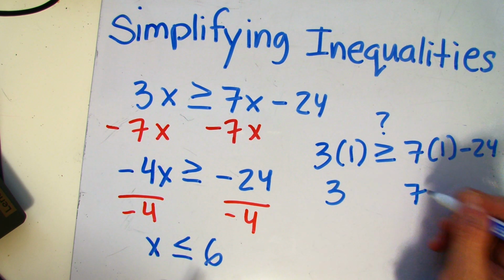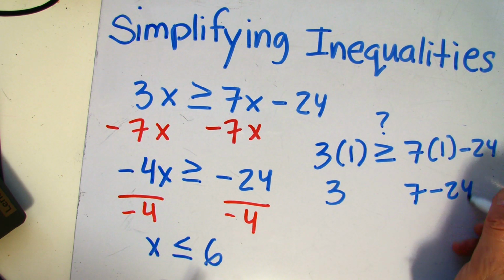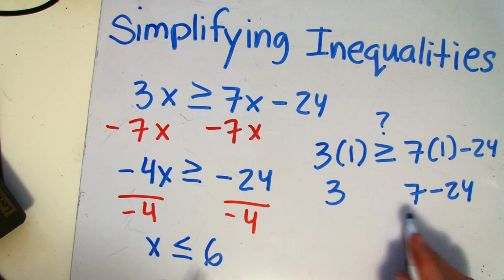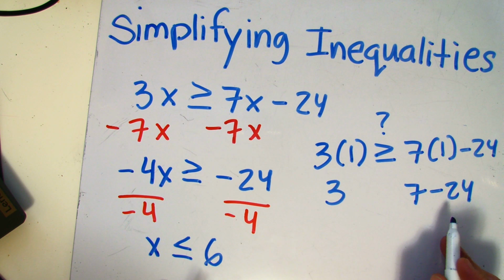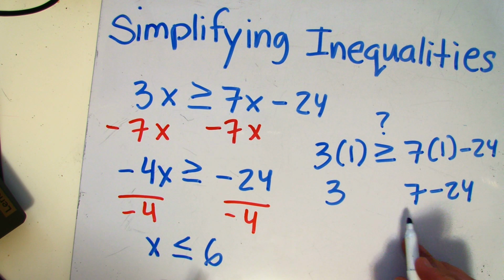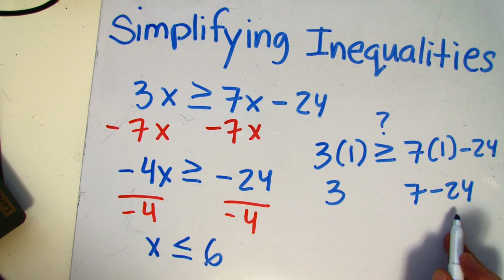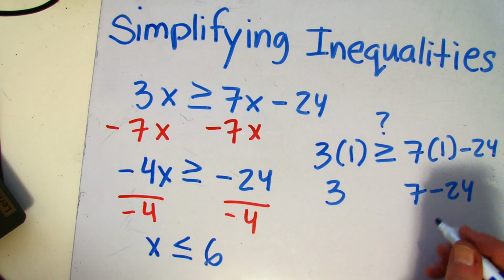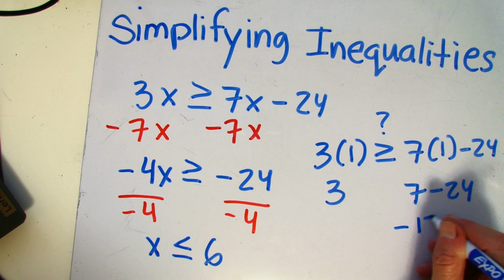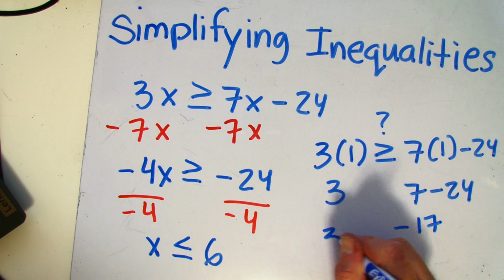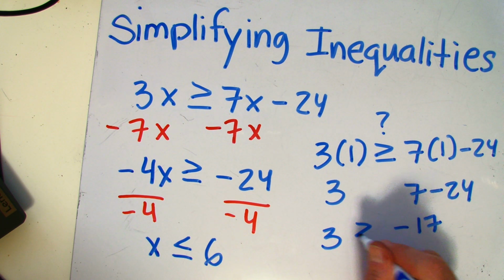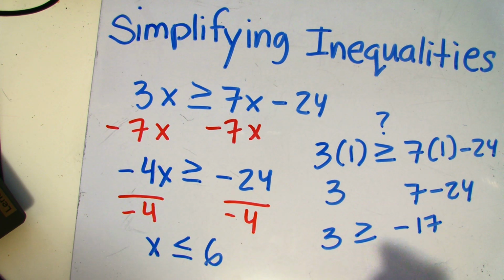This becomes 7 minus 24. 7 take away 24 is the same thing as 7 plus a negative 24. This means we're going to take the difference, and that's going to be a negative 17. 3 is in fact greater than a negative 17.